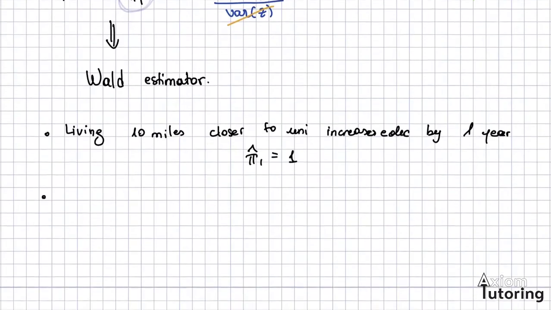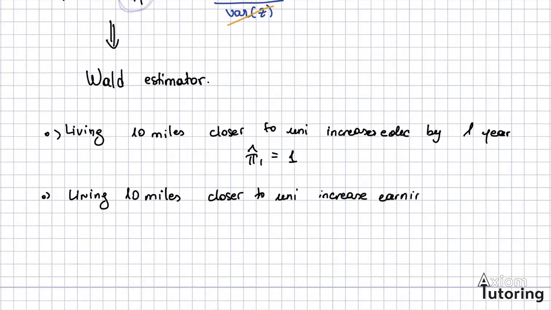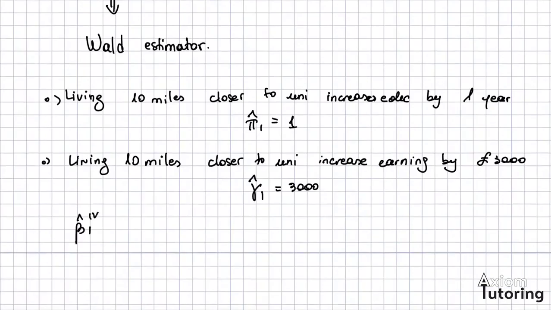Now suppose also that living 10 miles closer to uni increases earnings by 3,000 pounds. That means gamma 1 hat is 3,000. Then beta 1 hat IV is going to be 3,000 divided by 1, which is simply 3,000 pounds.